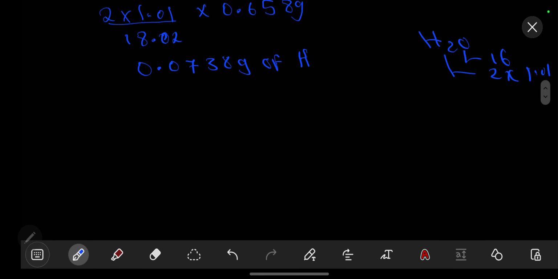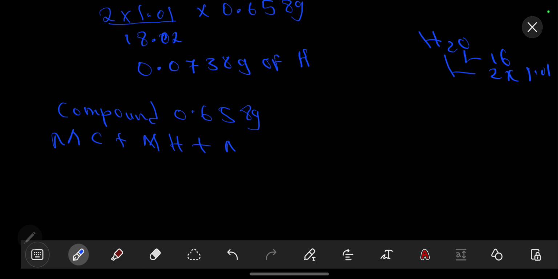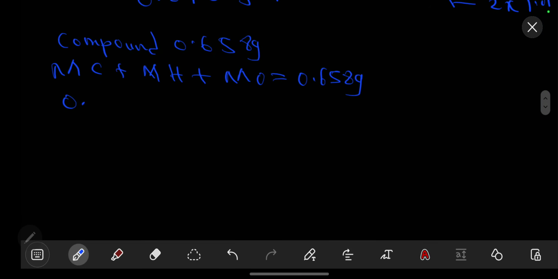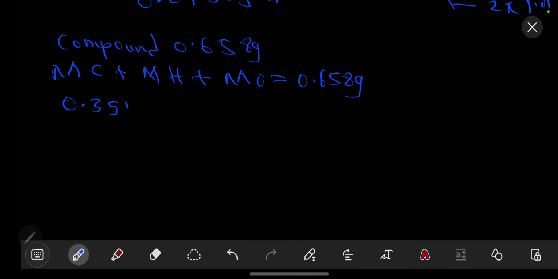Remember, the compound, according to what we have been told, has 0.658 grams. Since we know that the sum is equal to 0.658 grams, we are going to add the masses. The mass of carbon plus the mass of hydrogen plus the mass of oxygen should be equal to 0.658 grams. So with this, we substitute. Our mass of carbon gave us 0.351 grams.